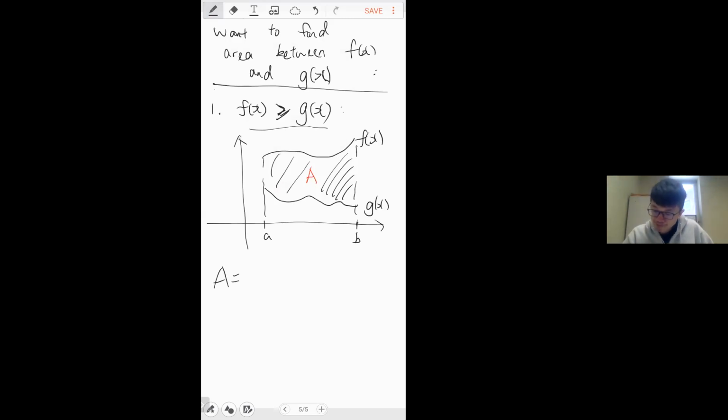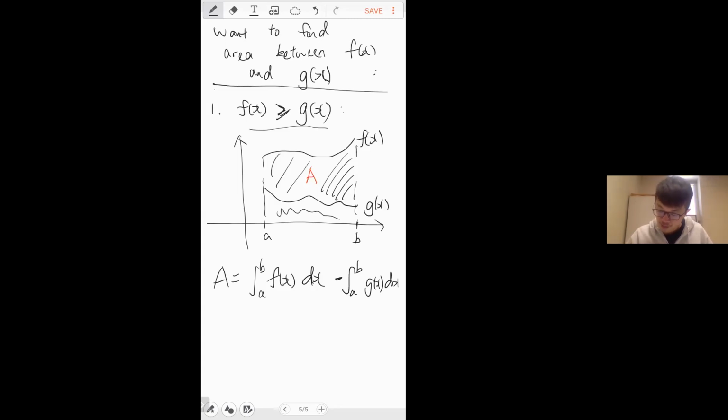Yep, so we could do the area of f of x minus the area of g of x. So we can do the area of f of x, which is this, minus the area of g of x. Does it make sense? So when you're subtracting the area of g of x, you're subtracting this area here.